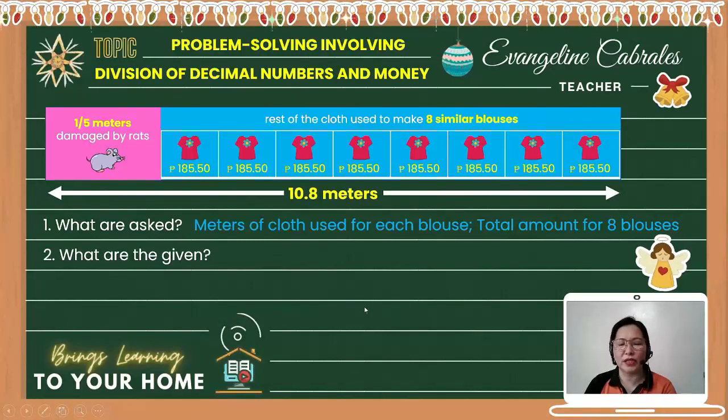Number 2, what are given? 10.8 representing the meters of the cloth, 1/5, yun yung sinira ng daga, 8 representing the number of blouses, and 185 pesos and 50 centavos representing the amount of each blouse.